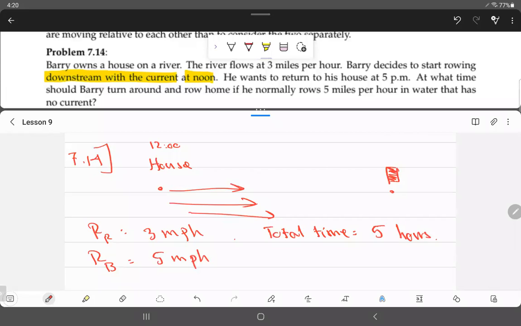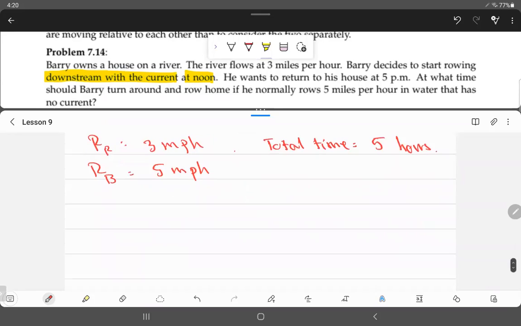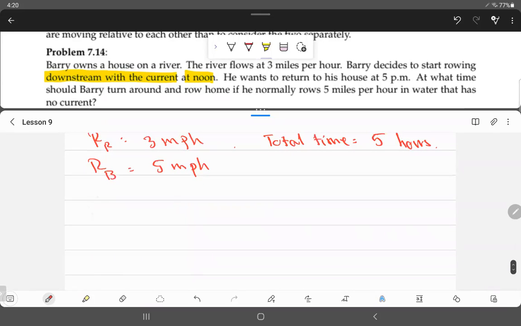Okay, we have two things here actually. If you're rowing with the stream or against the stream, we have two rates for Barry. So the rate of Barry with the current is going to be 5 miles plus 3 miles per hour, so the rate is going to be 8 miles per hour.